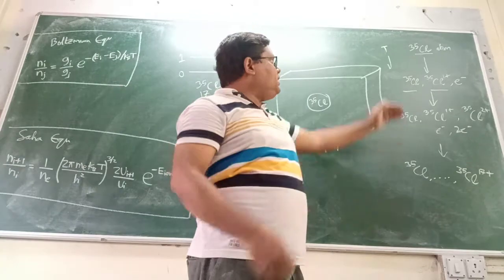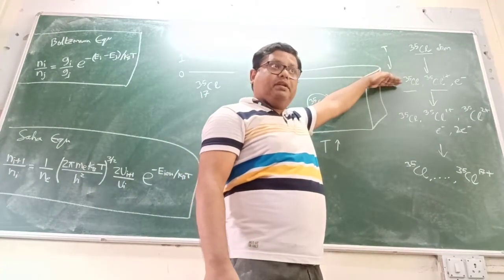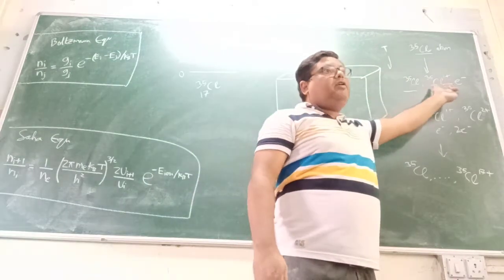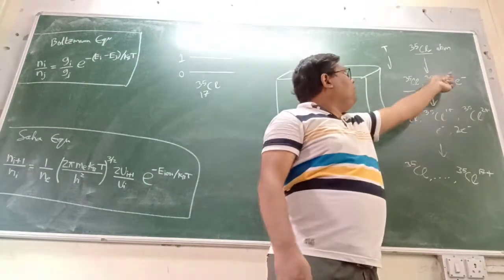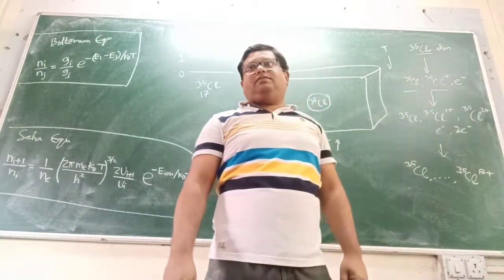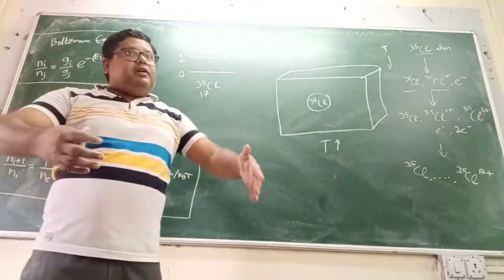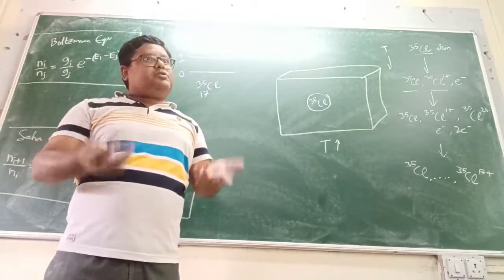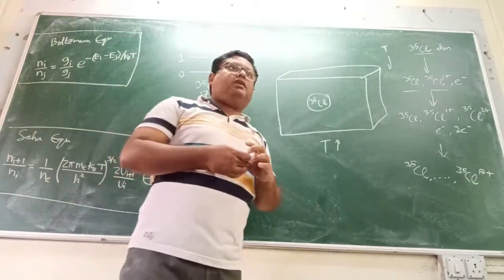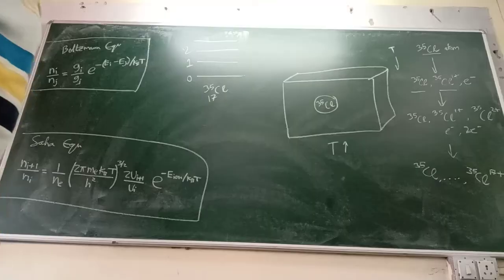So if you ask me, sir, look at this part, at this particular temperature, how many of 35 chlorine 1 plus were there with respect to neutral 35 chlorine atoms? This is a very valid question, is it not? So, if we ask ourselves this question, how are we going to answer it? The Boltzmann equation will not help you, because here we are talking about ionization.